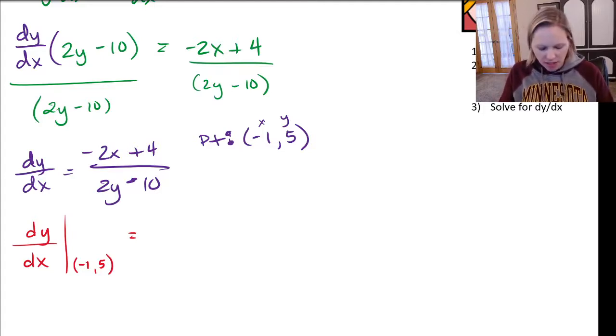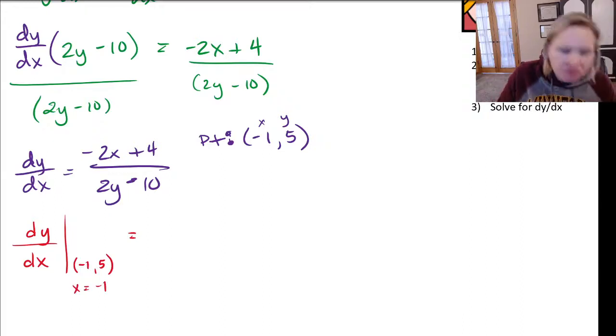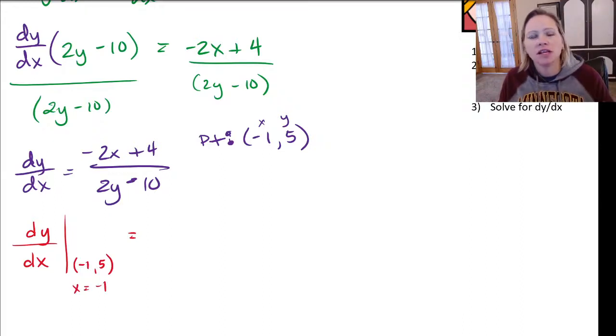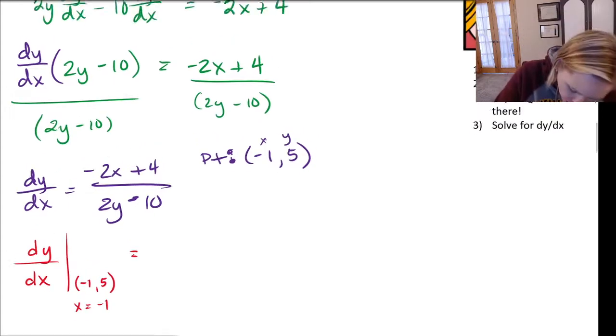Here we're using -1, 5. You could also write it as x equals -1. That would be another acceptable way to say I'm evaluating the derivative at -1. So lots of different ways, but dy dx, line, x equals -1, or the point if it's implicit. And then if you can do it in your calculator, you just do it in your calculator. Here I'm going to write it all out.